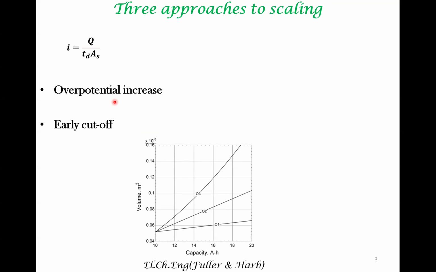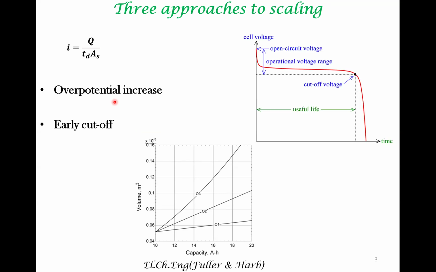For example, we want to operate the battery only to a particular voltage. You do not want the battery voltage to go beyond or below this particular point. So there's a particular cutoff voltage associated with a particular battery.